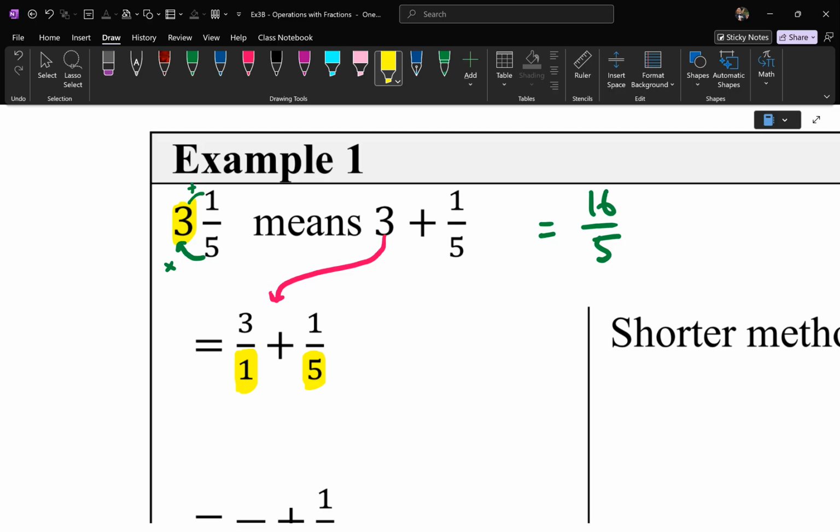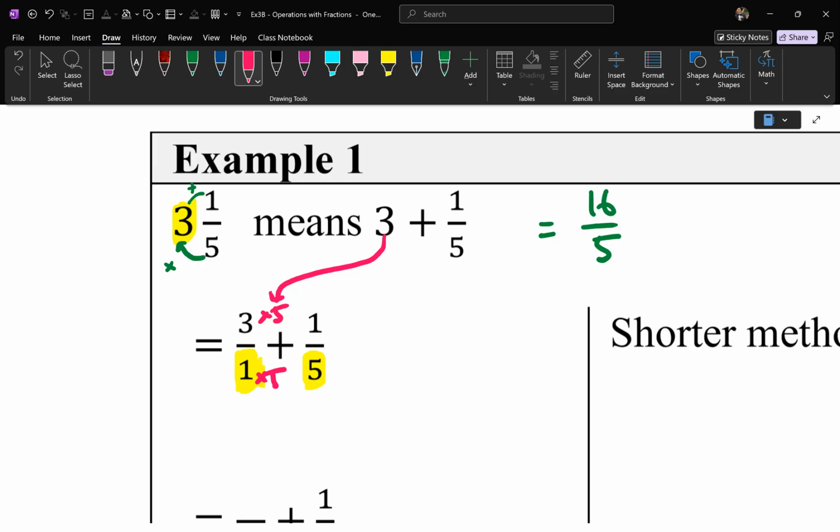So, you can't add them. But to add them, we need them to have the same denominator. What's the LCM of 1 and 5? 5. But to make 1 a 5, what do you have to times it by? 5.